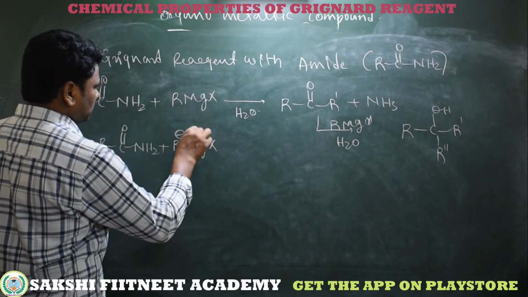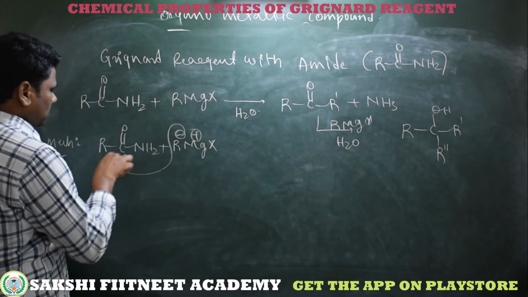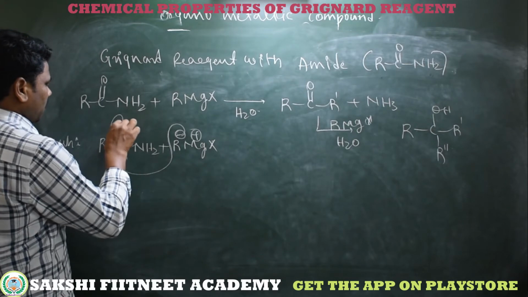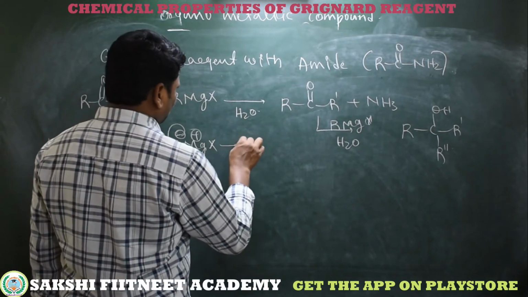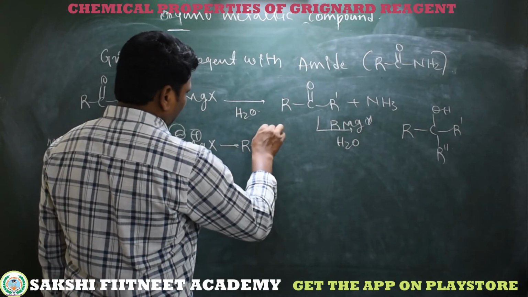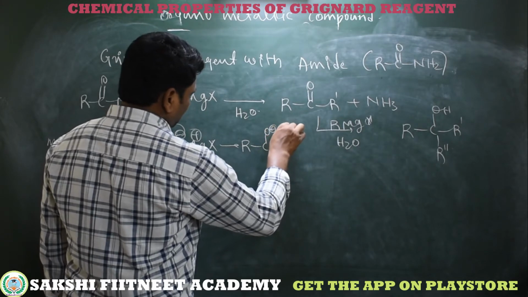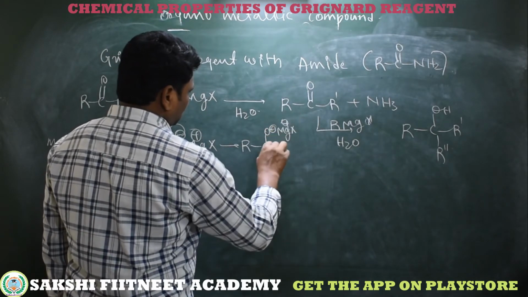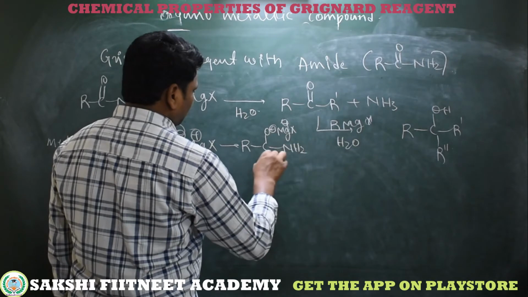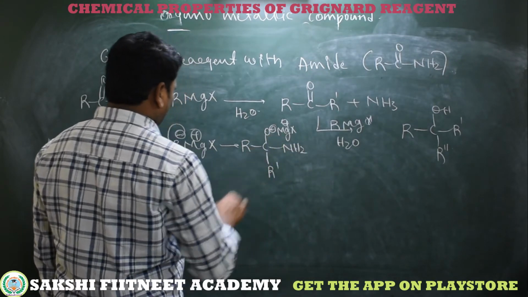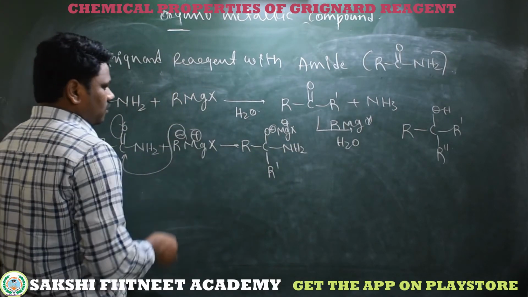Here R minus bonds to the carbon and the pi electrons shift to the oxygen. Here you will get R O minus MgX plus, and NH2 is as it is. This is the newly bonded group, the carbon group from the Grignard reagent.